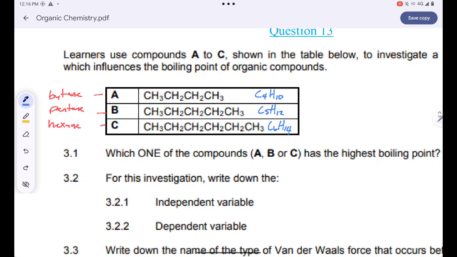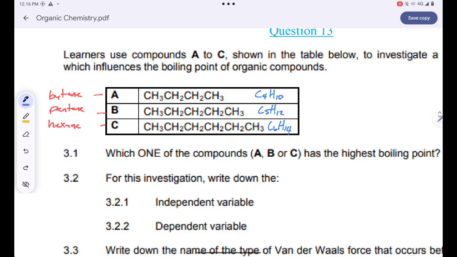Remember that, guys, we are dealing with compounds which have the same forces between the molecules altogether. However, the one with the greater molecular mass will have the highest boiling point.